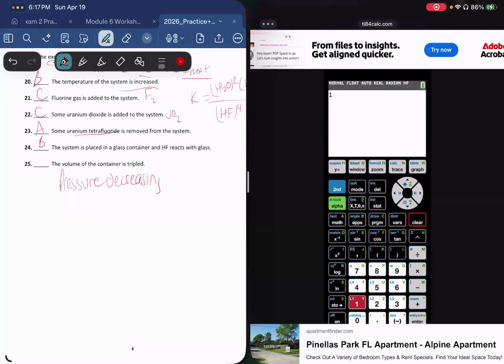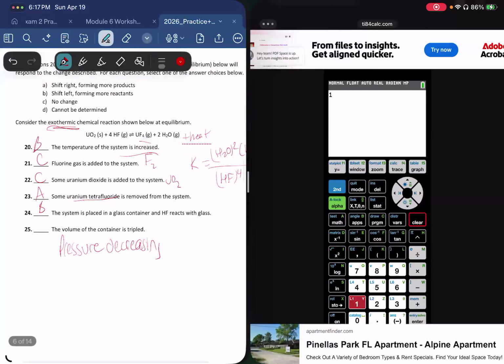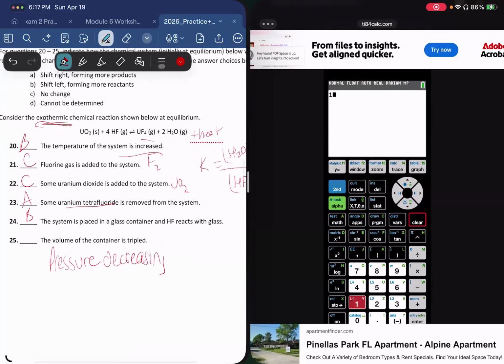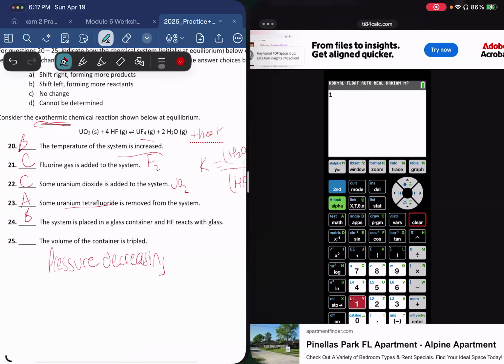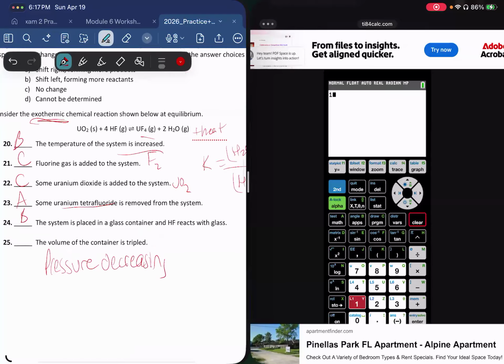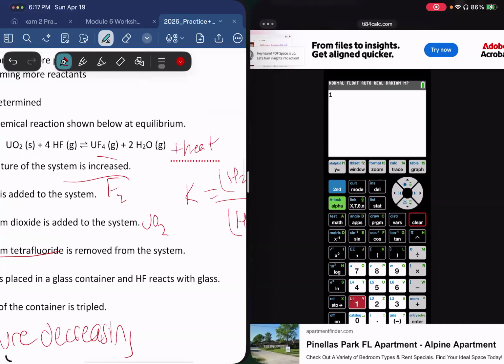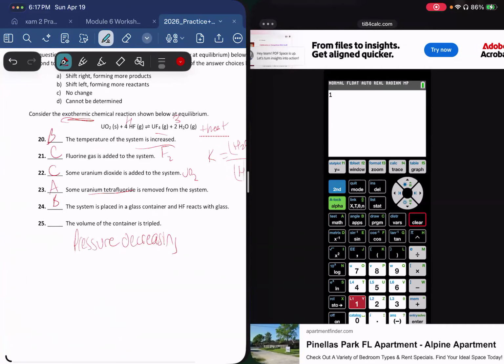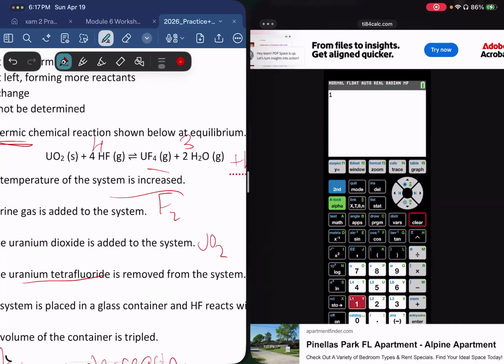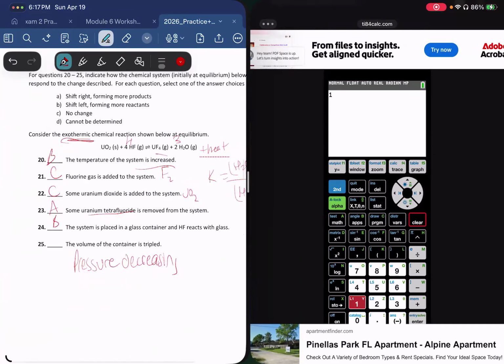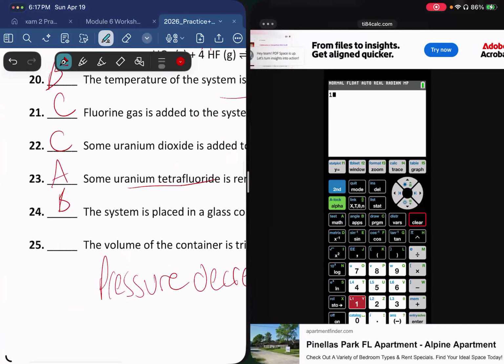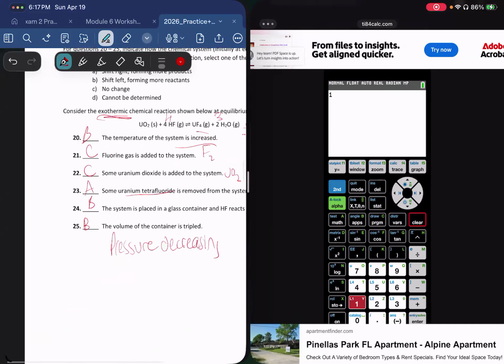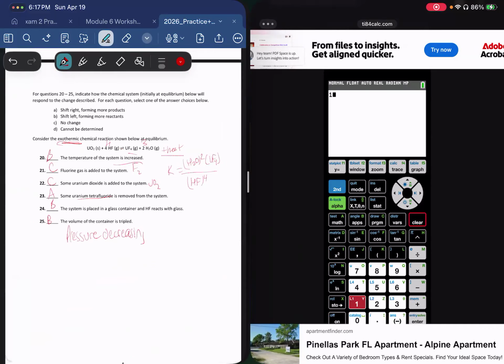The rule we know is that if pressure decreases, we favor the side with the smallest number of gaseous moles. On the left we have 4, and on the right we have 3. So it's going to favor the forward reaction, or sorry, no. Pressure decreasing would favor the side with the most gaseous moles. So it's going to favor the reverse reaction, and that choice would be B.